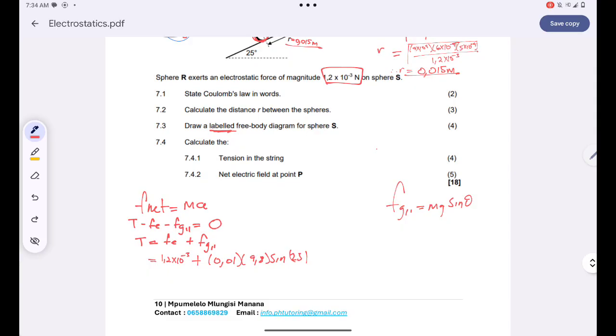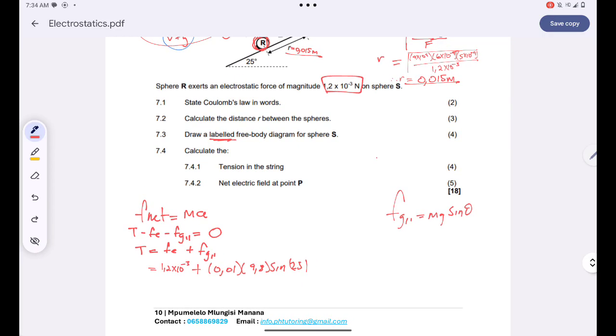Okay, let me just punch in and find the magnitude of the tension. I have 1.2 times 10 to the power negative 3 plus 0.01 multiplied by 9.8 multiplied by the sine of 25 degrees.